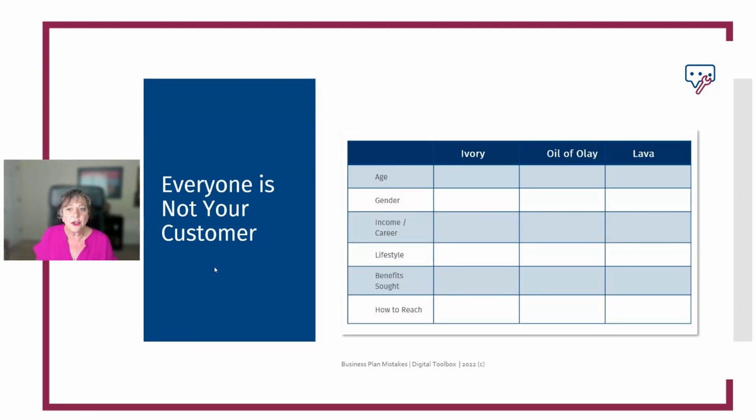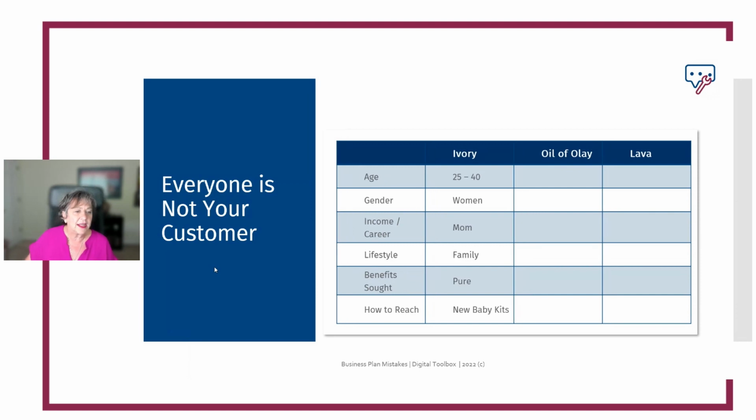And so, as you think about your customer, I want to take you through this exercise. You've got these three different soaps. Who are they targeting? Well, Ivory tends to target younger women. The whole market really for Ivory soap is the mom. It's the soap that she's going to bathe her baby with because it's so pure.